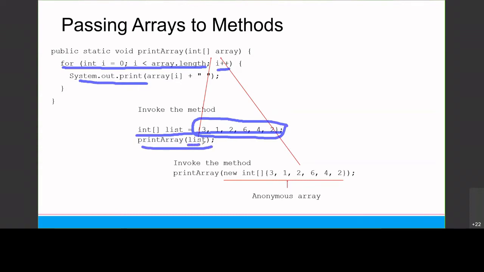How can we print the array? We put the list. List is the variable, and we want to use this variable for accessing this method. And then we will execute this statement, and after we finish this statement, we will show what is in this array.